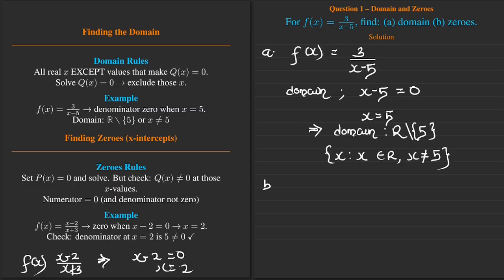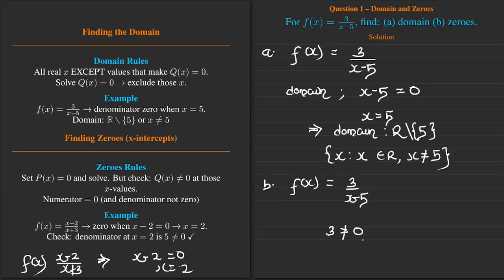So for the zeros, what do we do? We equate the numerator to be equal to 0. Now, our function once again is 3 over x minus 5. The numerator we have here is a constant. You see, it can never be 0. We know 3 is not equal to 0.